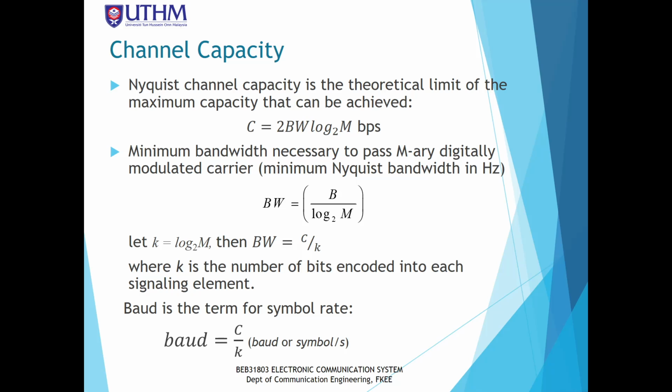So channel capacity merupakan maximum data rate yang boleh dihantar oleh transmitter kepada receiver supaya signal yang dihantar itu boleh dibuat proses decoding. Okay, it is the highest data rate that can be decoded in the receiver. Okay, so channel capacity unitnya adalah bit per second. Okay, capacity dalam kes ini dia adalah merujuk kepada maximum data rate.